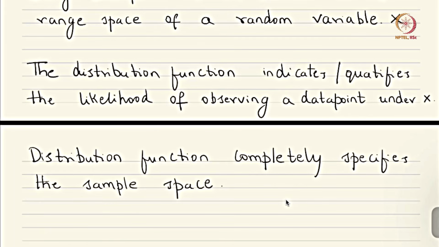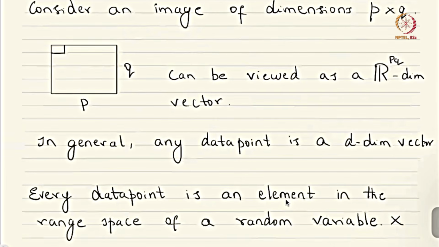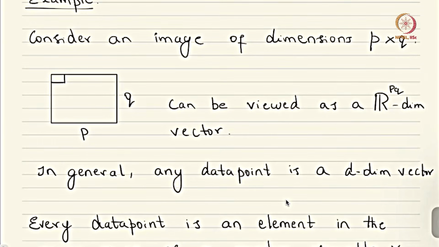Okay. Now, let me tell you one other point just to drive home the message. We said that in this example there is an image, which can be seen as a d-dimensional random variable. When I say an image can be seen as a d-dimensional random variable, please remember what I am saying: an image is an element in the range space of a function called the random variable, which has been defined from the sample space to real numbers.